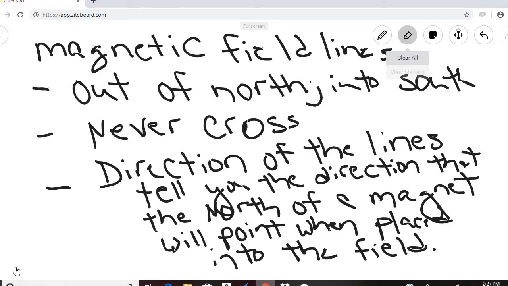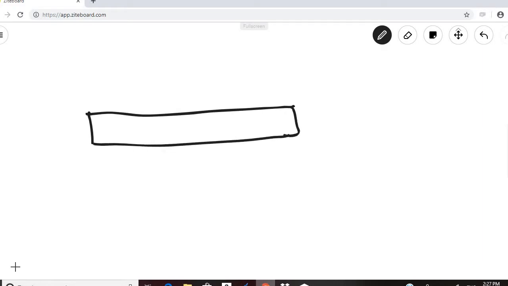Okay, so let's go ahead and look at magnetic field lines. If we have a bar magnet that looks like this with a north pole and a south pole, we said that they always come out of the north and go into the south, and they never cross. So the magnetic field lines will come out of the north and go into the south.